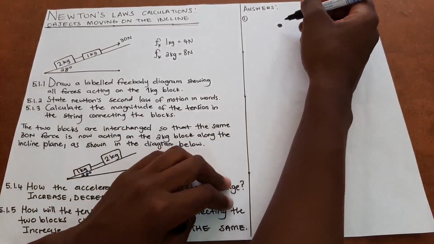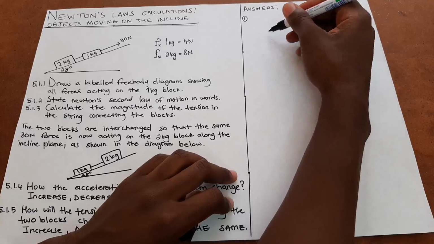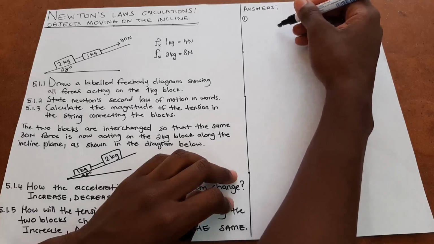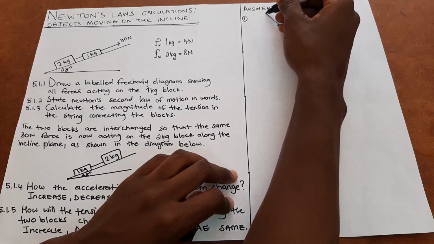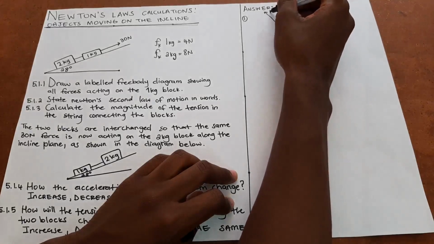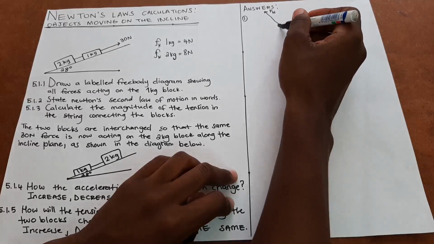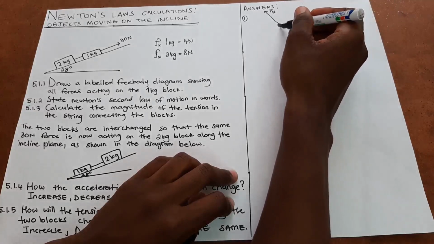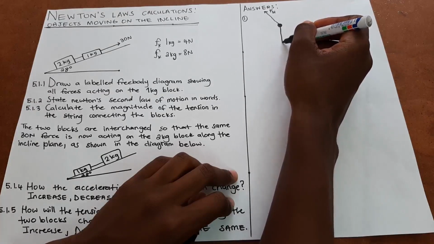You can clearly see that this is the surface, meaning that the normal force acting there is going this way. So this becomes a normal force. The gravitational force is always acting straight downwards, to the earth's surface.